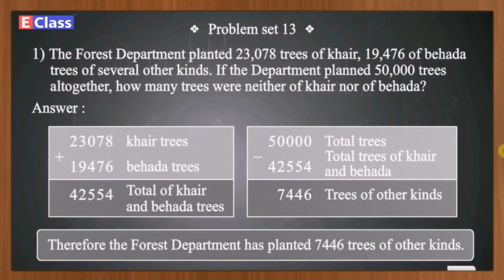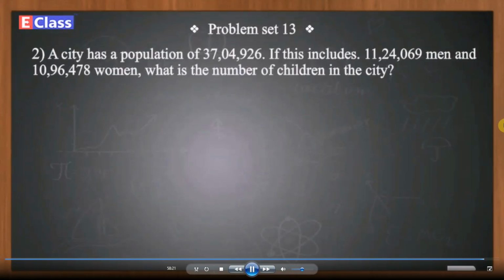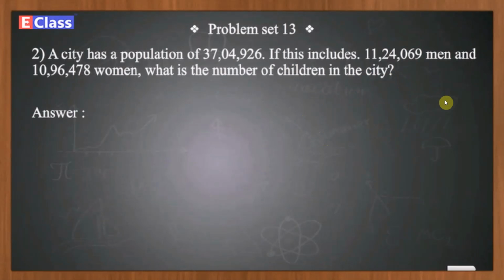2. The population of a city is 37,04,926. There are men and women in the city, and the rest are children. Find the number of children in the city. Answer. By reading the question, you have noticed that this is a mixed example.